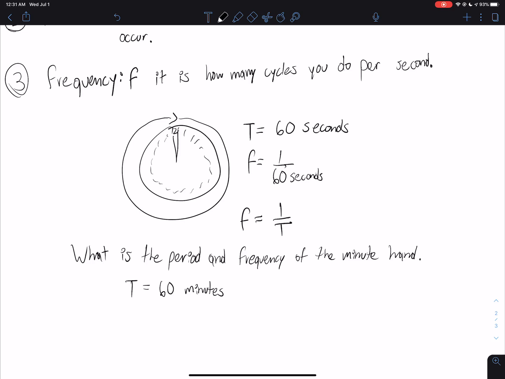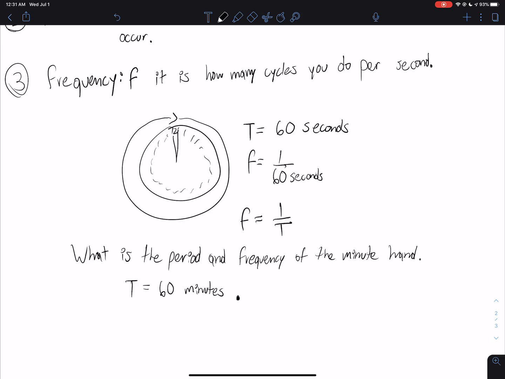Okay, and now is a good time to practice our unit conversion. Maybe I want the answer in seconds. So instead of minutes, let's convert to seconds. This is the way that I think is the easiest to convert your units. All you have to do is multiply by what we call your conversion factor. I want to go from minutes to seconds, so I need to cancel out these minutes and replace them with seconds.